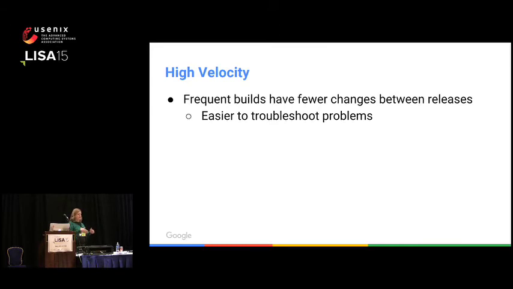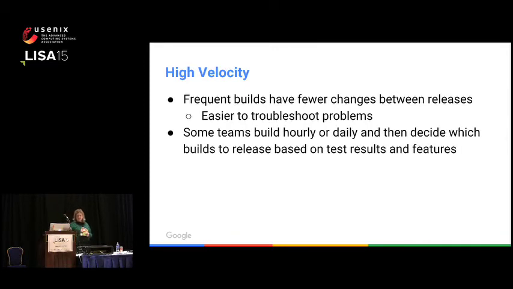When there's a problem, you can quickly focus in on areas that have changed as a potential source for the problems. Some teams build hourly or daily, and then they decide which builds to release based on either feature sets or on test results. And it varies wildly from team to team how frequently they build.